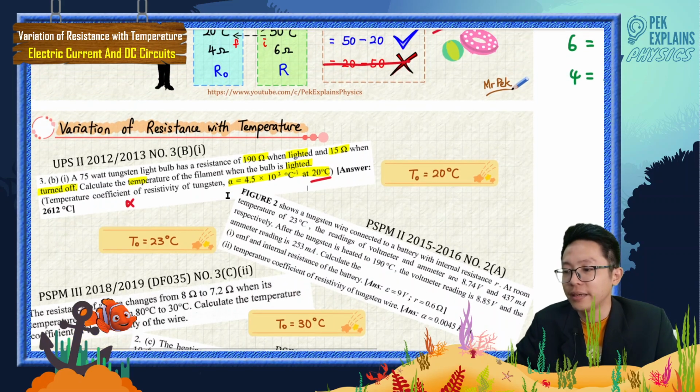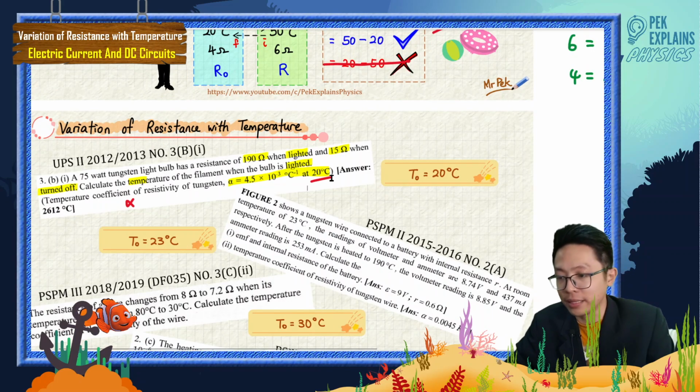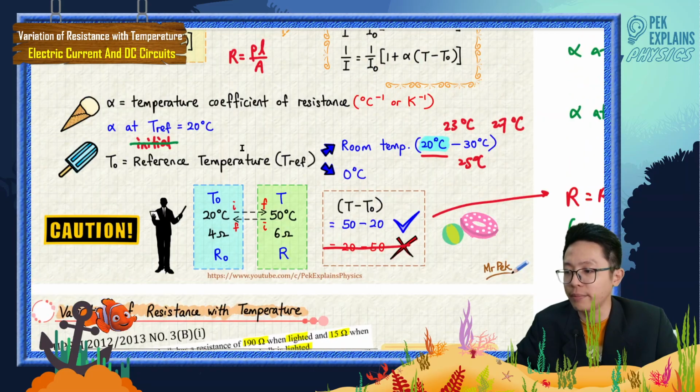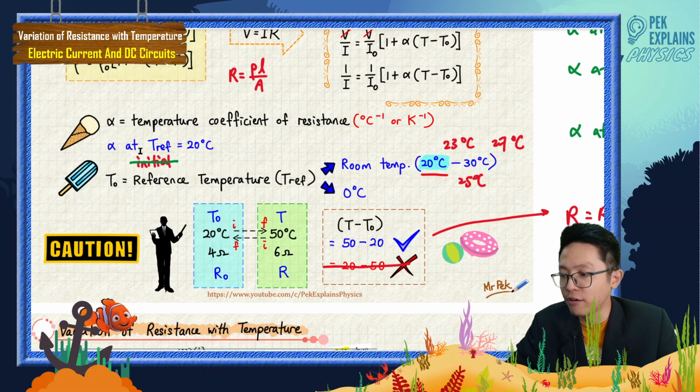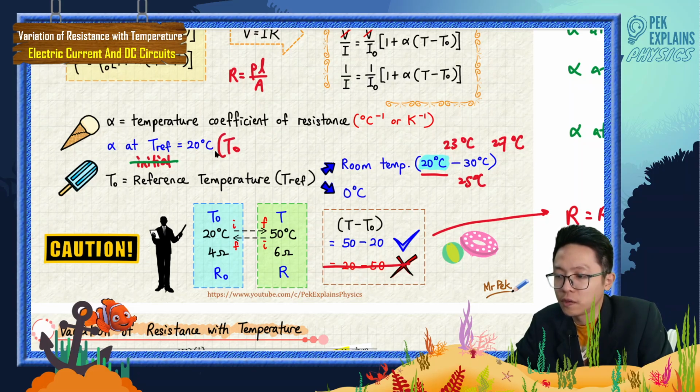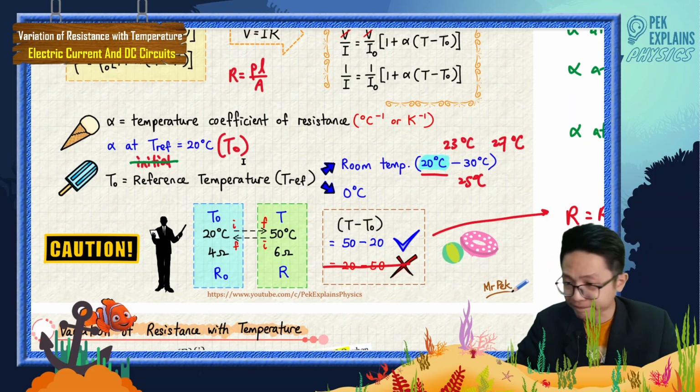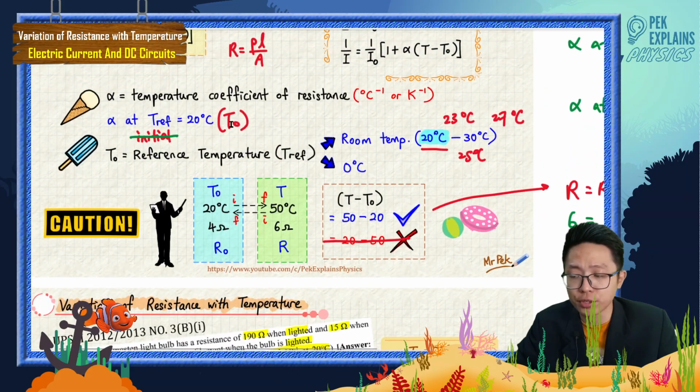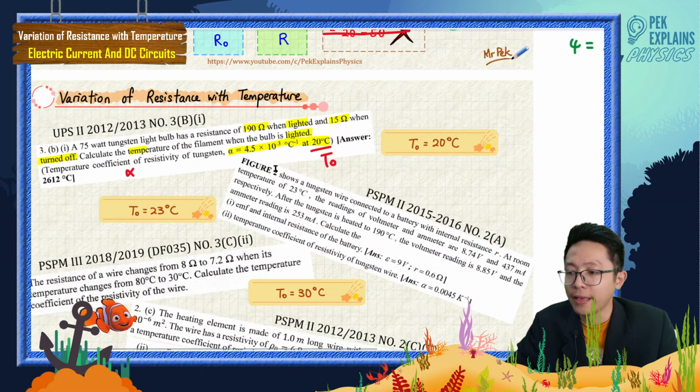As I said, alpha at 20 means that this is the T naught, the reference temperature which I mentioned here. Alpha at reference temperature 20, this reference temperature is the T naught. You understand? It's not the initial temperature, it's the reference temperature. So this 20 degrees Celsius is actually the room temperature, isn't it?